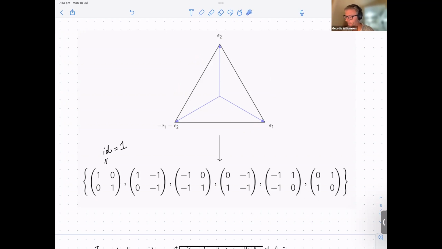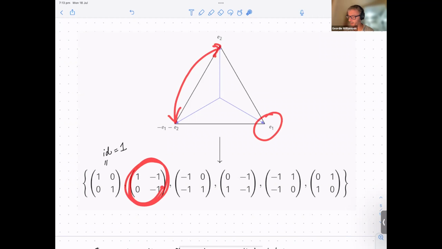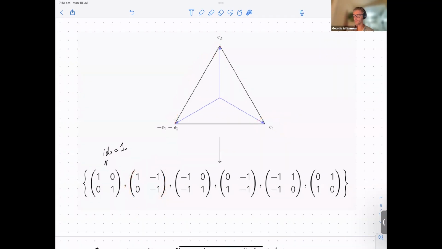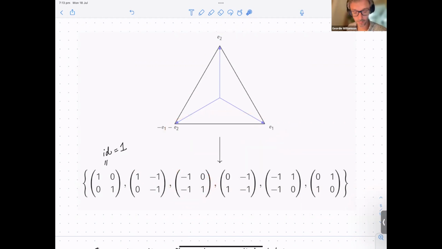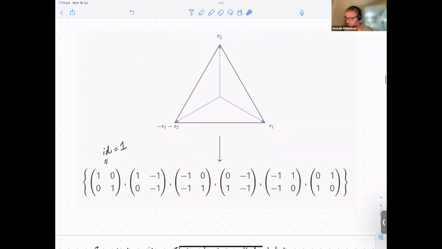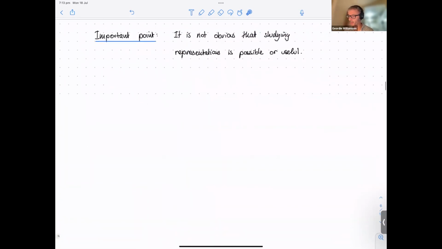And then, for example, you have the symmetry that interchanges these two elements and fixes this element, and that's given by this matrix. And similarly, the element that fixes this one and interchanges this one is given by this matrix, etc. Okay, so these are examples of representations.